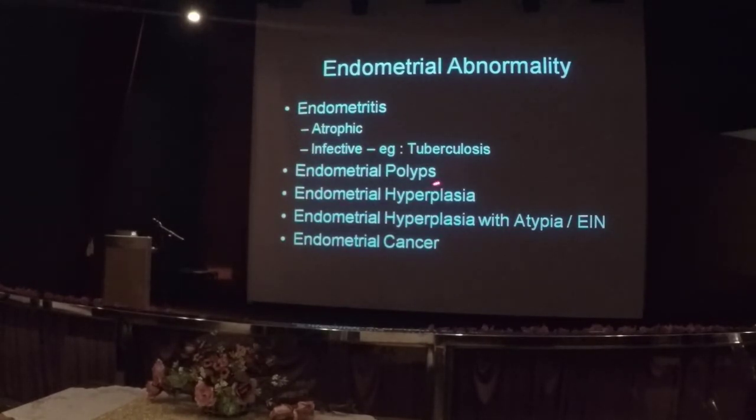Or you can have a polyp. Sometimes polyps are difficult to differentiate, so we have to push saline inside the endometrial cavity and do ultrasound to delineate the lesion. Or hyperplasia, or worse, hyperplasia with atypia, nowadays also known as endometrial intraepithelial neoplasia, or endometrial cancer.